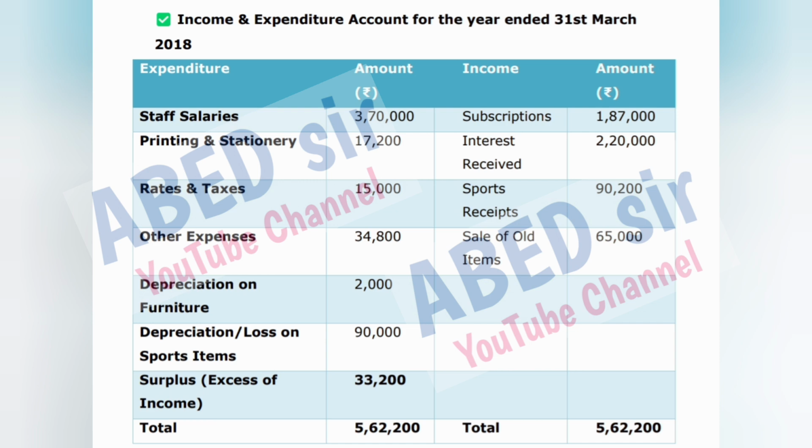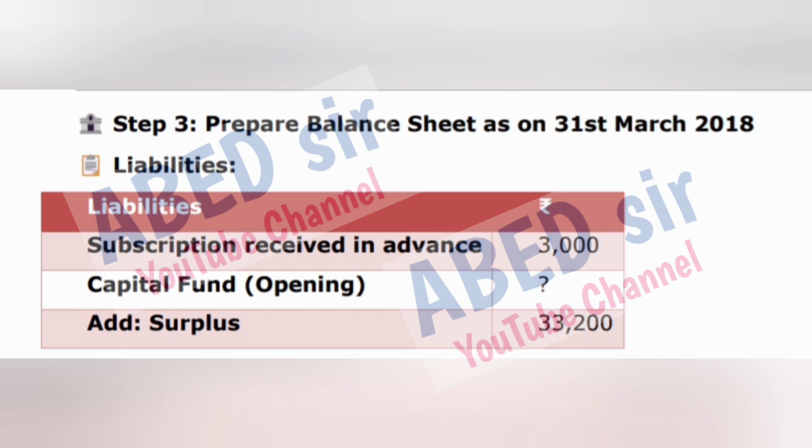Expenditure: staff salaries 3,70,000, printing and stationery 17,200, rates and taxes 15,000, other expenses 34,800, depreciation on furniture 2,000, depreciation loss on sports items 90,000, surplus, excess of income, 33,200. Total 5,62,200. Income: subscriptions 1,87,000, interest received 2,20,000, sports receipts 90,200, sale of old items 65,000. Total 5,62,200.